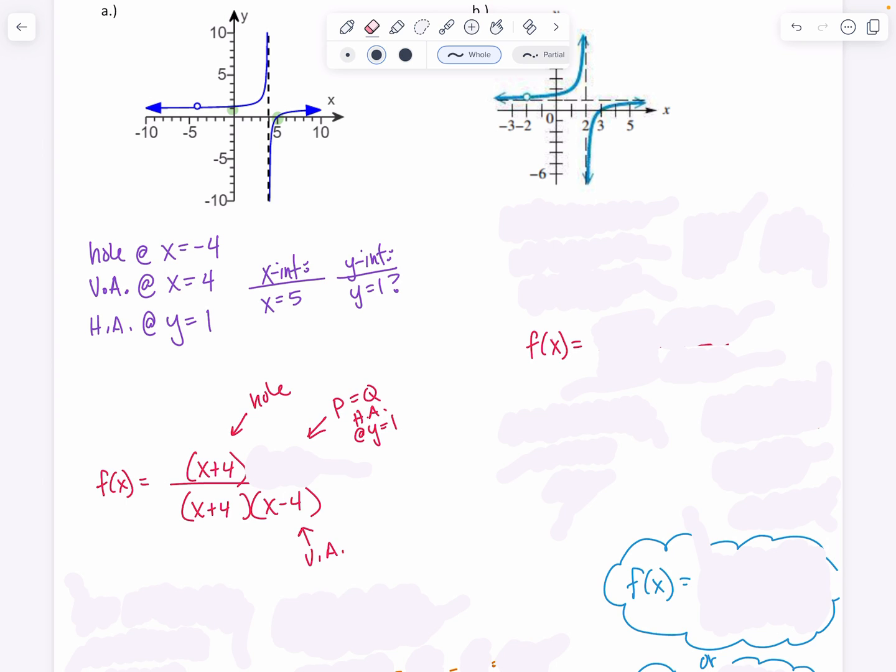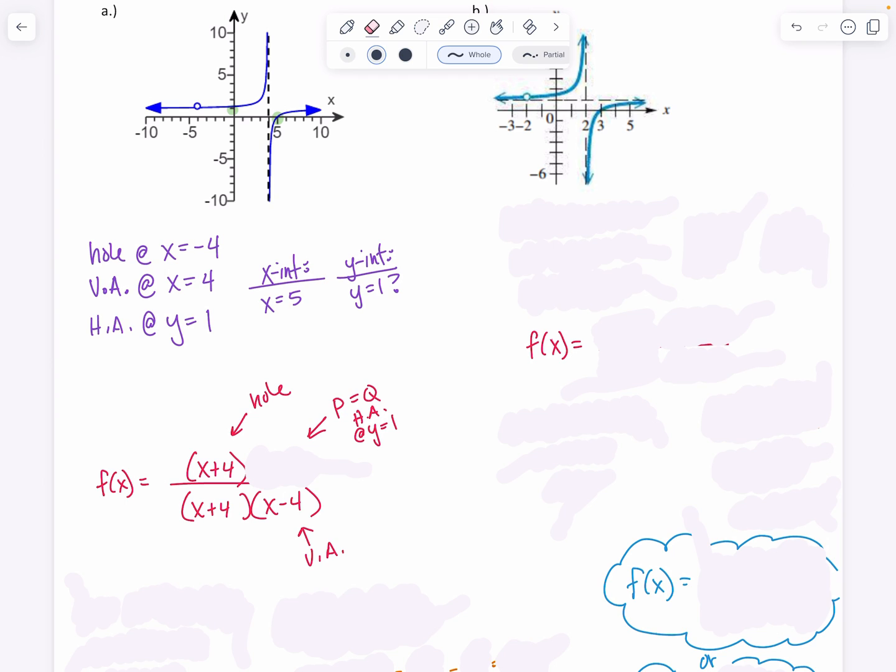All right, one of the other things that we talked about is that horizontal asymptote. Remember P's and Q's? It looks like on this one there was that horizontal asymptote at y equals 1. If there's a horizontal asymptote other than 0, then we know that P has to equal Q, right? The degree of the top has to equal the degree of the bottom to give us that horizontal asymptote at the coefficients divided. So I know that the degrees have to be equal and our coefficients divided have to equal 1.